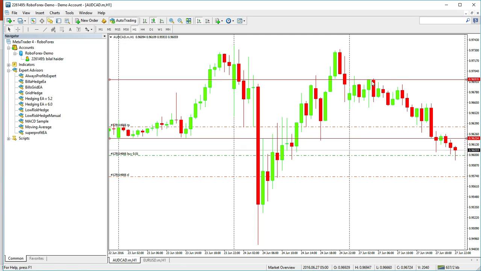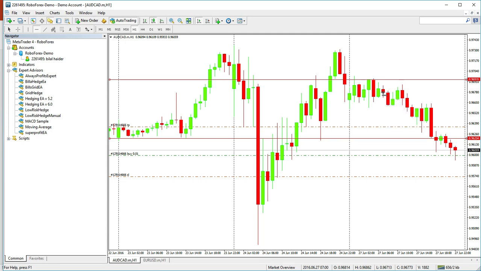Let's say the EA started a sequence at this level, and after some time you wanted this EA to start another sequence. With version 5.7 and all the previous versions you cannot do that, but with this version you can.